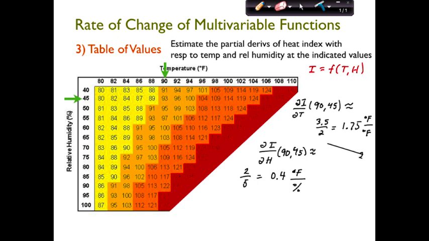So now what would happen, suppose we're at 90 degrees and 45% relative humidity. Suppose the temperature drops 0.8 degrees, and the humidity increases 0.2 percent.